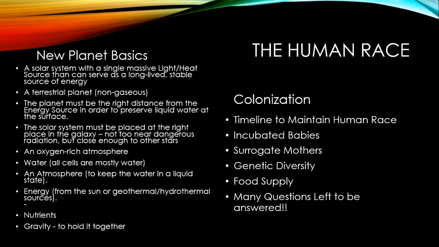All right? So once they find this new planet, then they can colonize it, but they have to be strategic about it. There has to be a timeline to maintain the human race. First of all, they have to incubate these embryos and develop these babies. These babies will then develop into adults. Then they're going to use female adults as surrogate mothers.